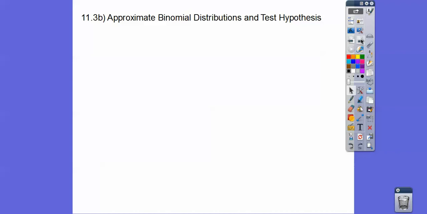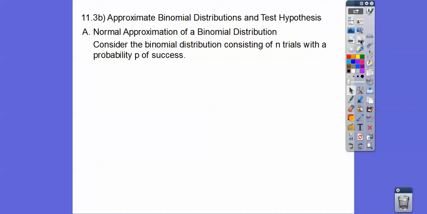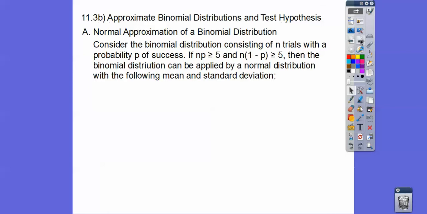So to approximate binomial distributions and test hypotheses, I don't think we're doing this part. We're just doing approximate binomial distributions in this lesson. So, normal approximations of binomial distributions. Consider the binomial distribution consisting of n trials with the probability p of success.